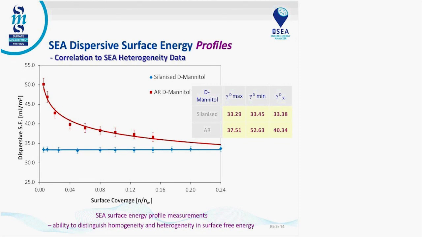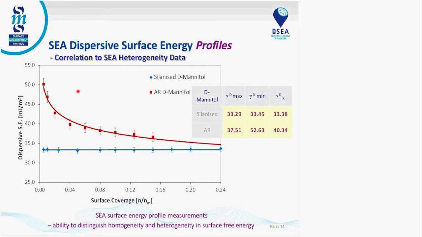Dan, could you also go over the advantages of SEA over IGC, in terms of IGC giving us just the mean value, whereas SEA covers the whole surface? Well, I did mention that. We made a first generation inverse GC, and other home-built systems would not have the ability built in to do this heterogeneity distribution.